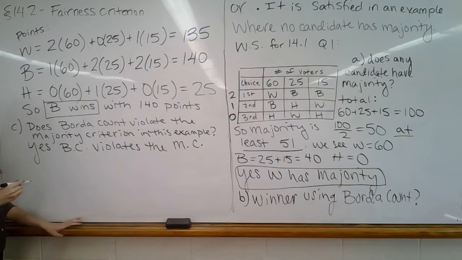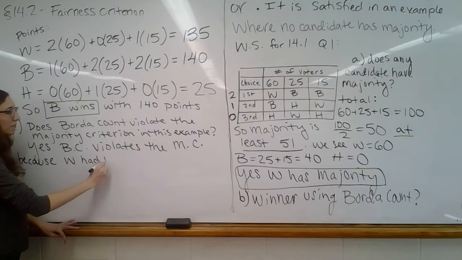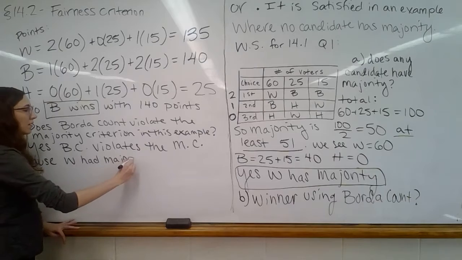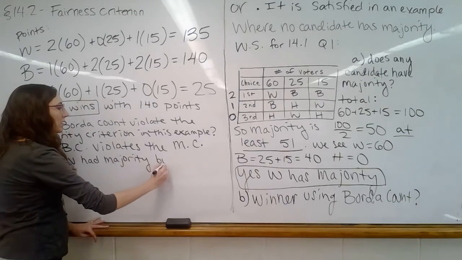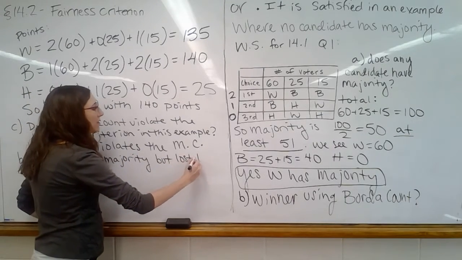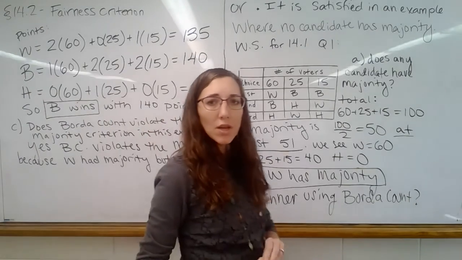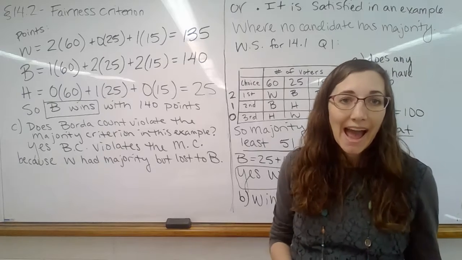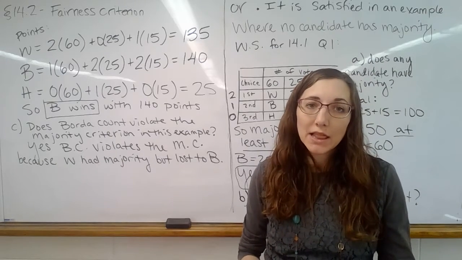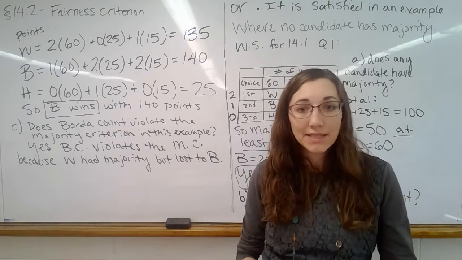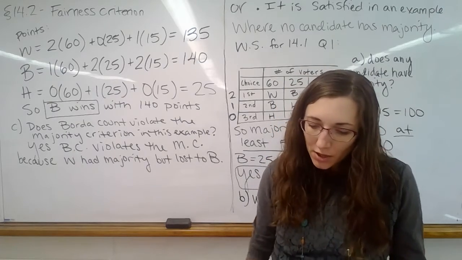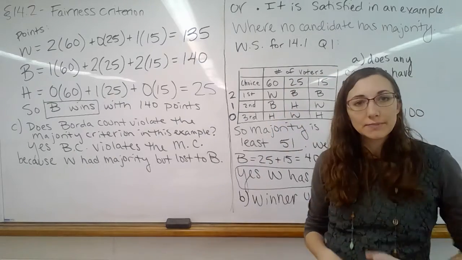So Borda count violates the majority criterion because, let's explain why: W had a majority, but lost to B, lost to bacon. So we had a candidate that did have a majority, but then they lost to a different candidate. So this is an example of violating the majority criterion.